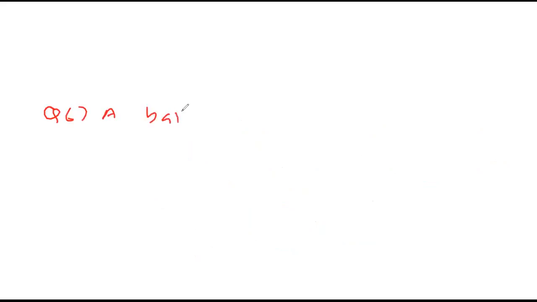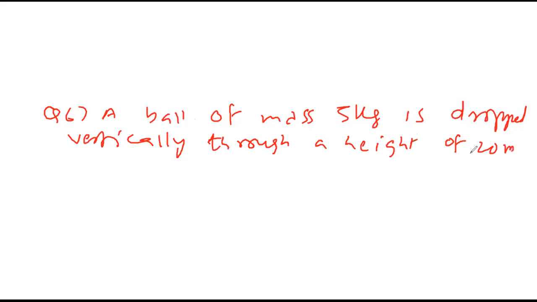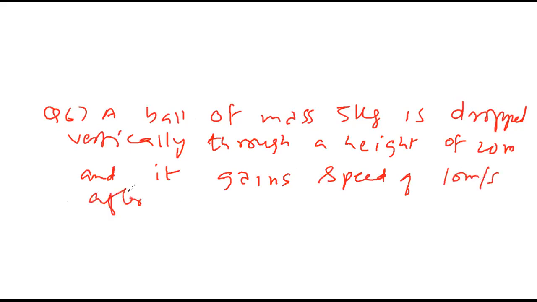A ball of mass 5 kg is dropped vertically through a height of 20 meter and it gains speed of 10 meter per second after 10 meter.